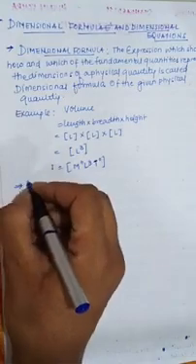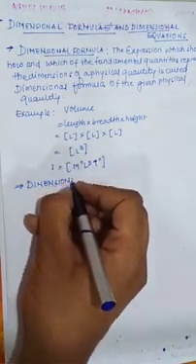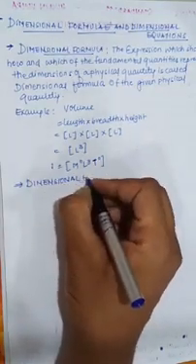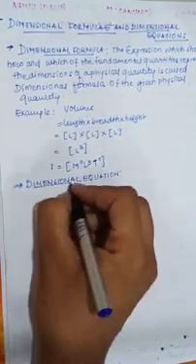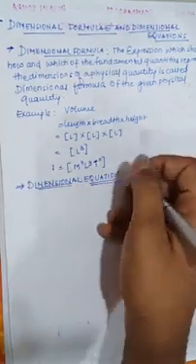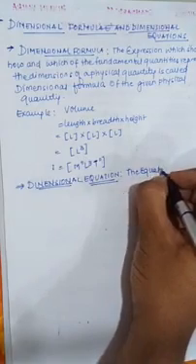Next is dimensional equation. What is a dimensional equation?